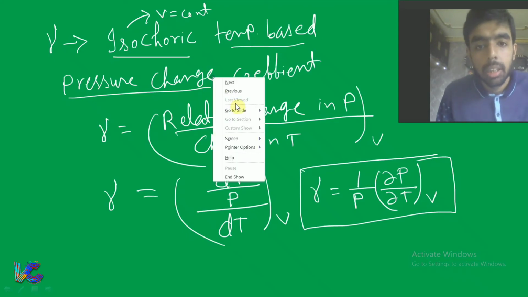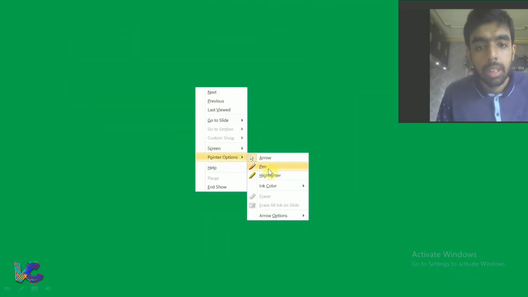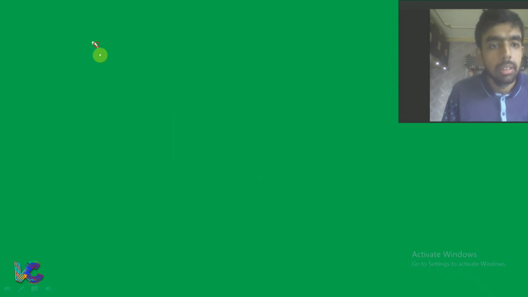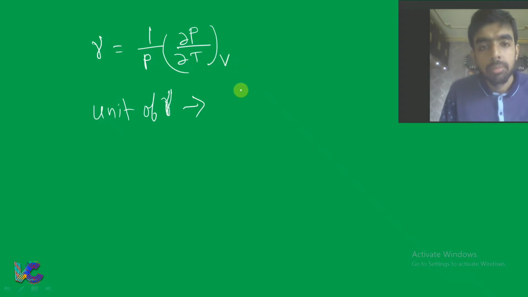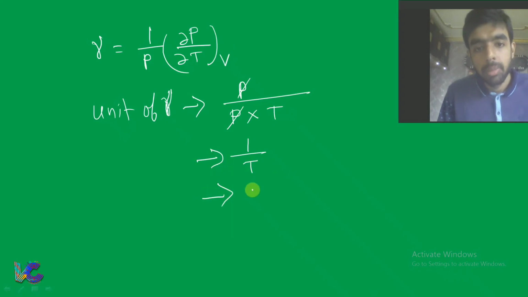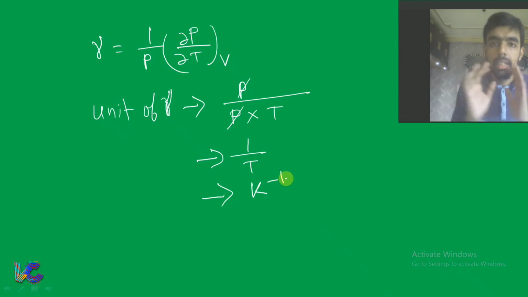Now for the unit of gamma: in the numerator there is pressure, in the denominator there is pressure and temperature, so pressure will cancel out and the unit will be 1 by temperature. The temperature unit is Kelvin, so the unit of gamma is Kelvin inverse.